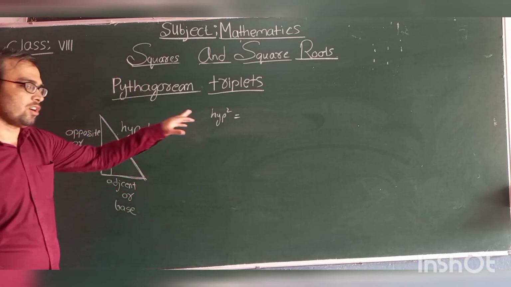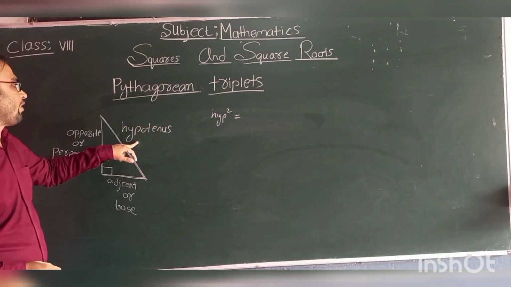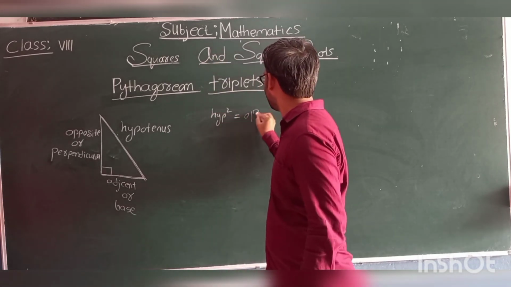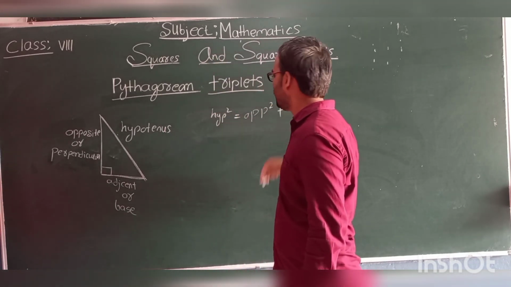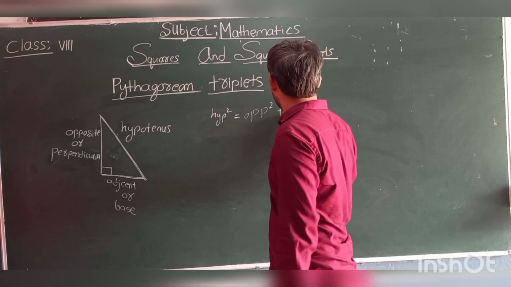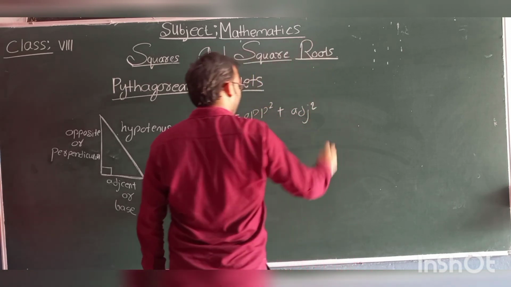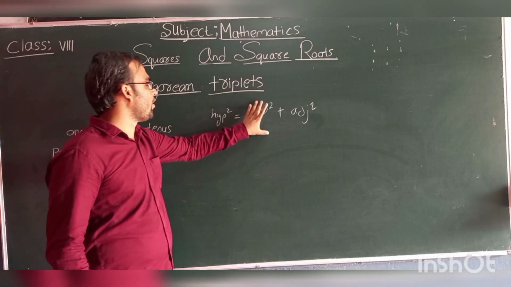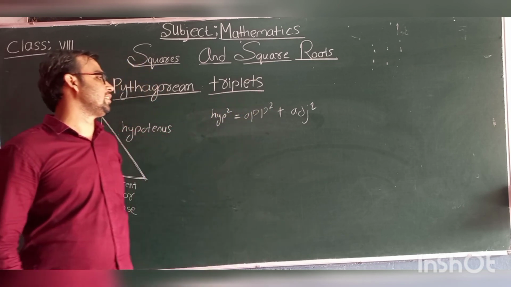I will write it as a shortcut. Hypotenuse square will be equal to the sum of opposite square plus adjacent square.